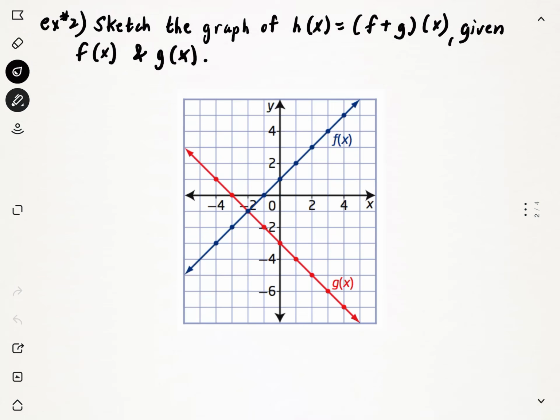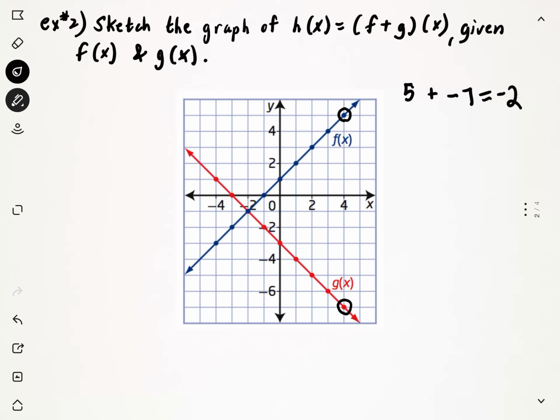So say, for example, I look at one particular x value of, say, x equals 4. Then what I have here is I have two corresponding y values, and I have to do f plus g. So what you're doing is you're adding the y values, and then you're going to plot your new point on this new y. So here I have an f value of positive 5 and a g value of negative 7.